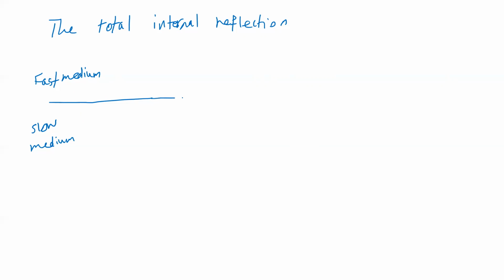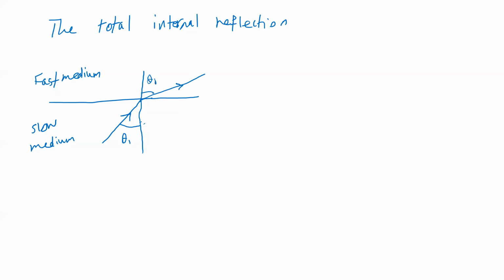As I explained, when light goes from a slow medium to a fast medium, if I have this light, and I draw the normal like this, my drawing is not good, and this is the angle of incidence. Then the refracted ray, because this medium is faster, goes away from the normal, so it becomes something like this.